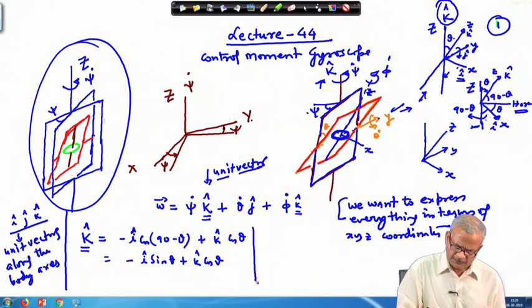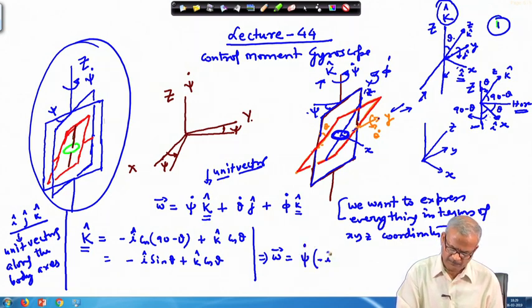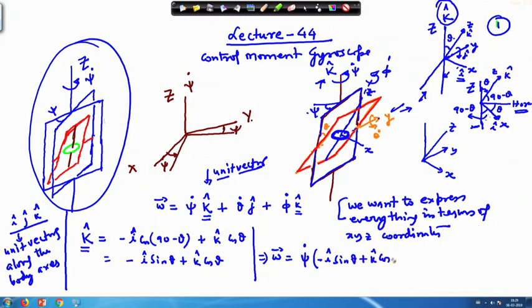And from here, this implies this omega can be written as psi dot times this, then copy this part theta dot j cap, then this part phi dot k cap, and then the i and k terms we can combine together and separate out the terms.